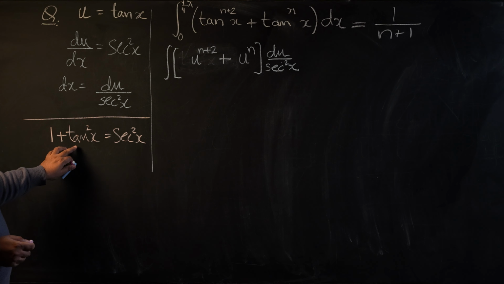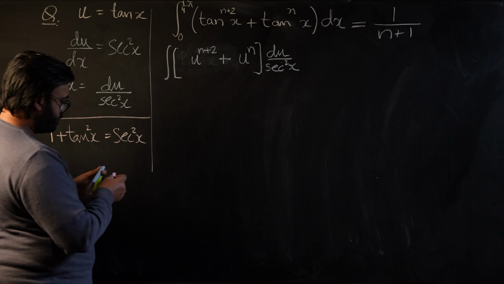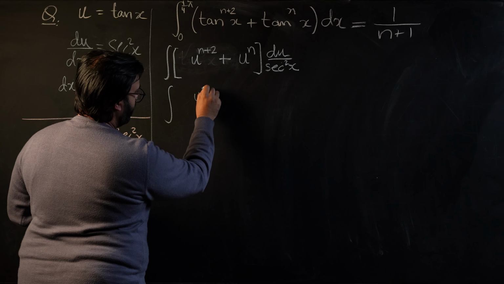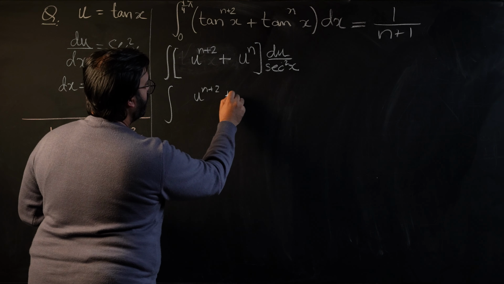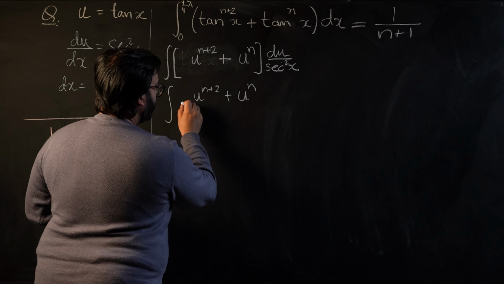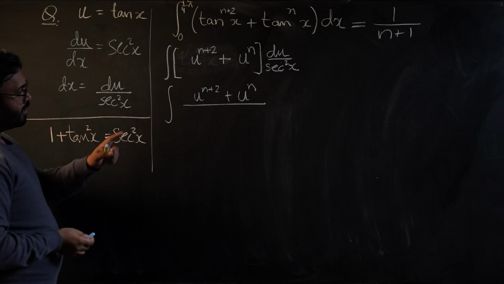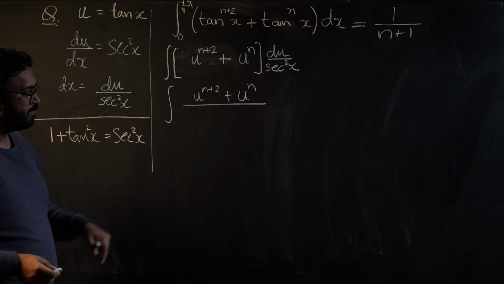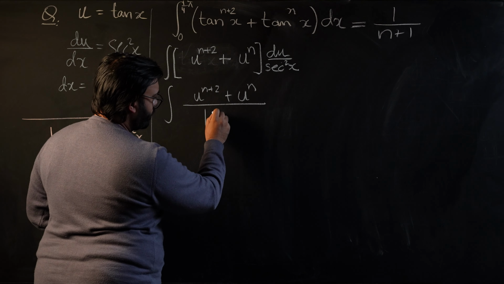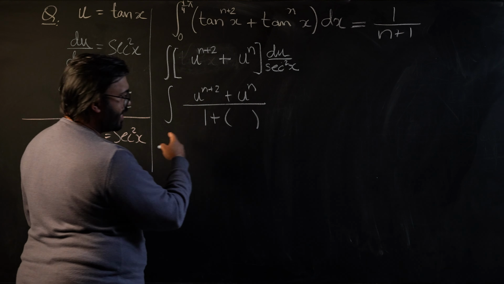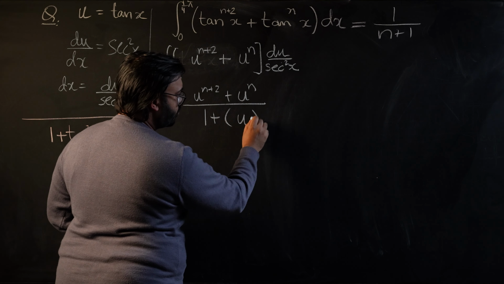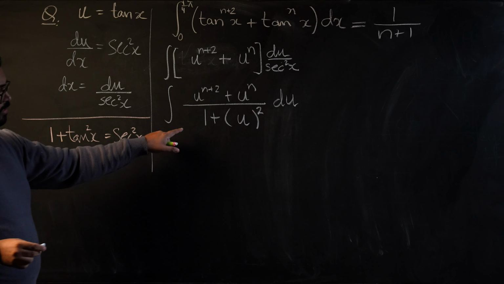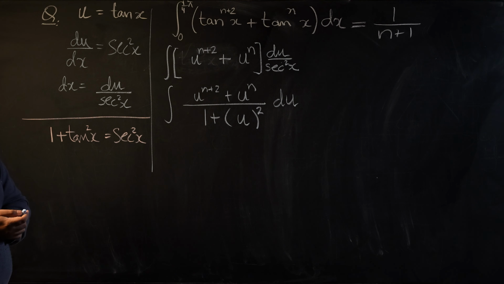So let's apply 1 plus tan square at that position, and it would be u raised to power n plus 2 plus u raised to power n over 1 plus u squared, since secant square becomes 1 plus tan square, which is 1 plus u squared. And this is the final equation that we have.